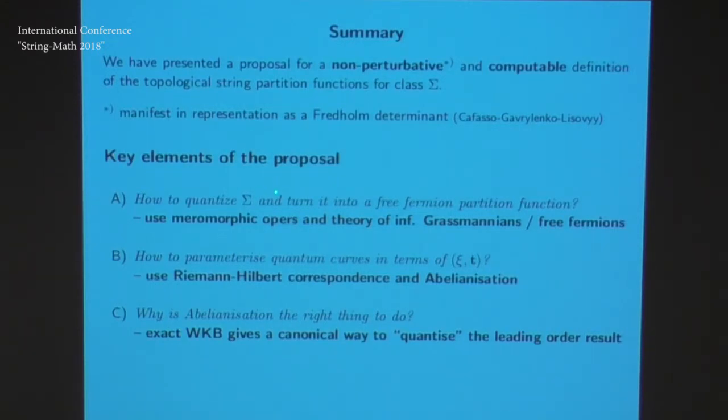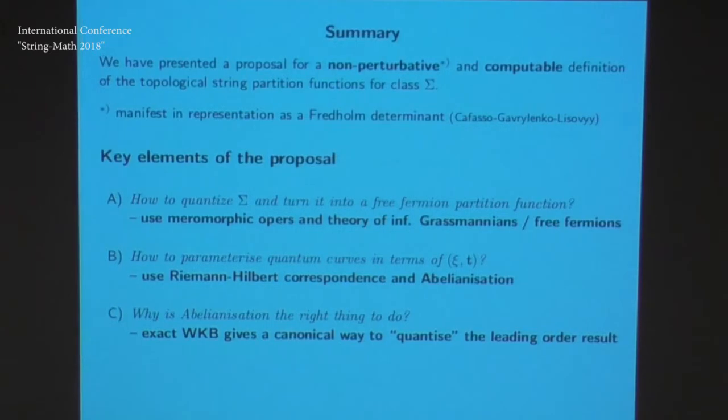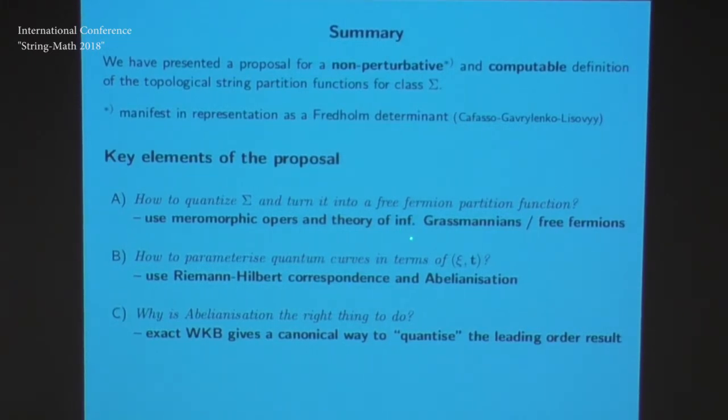Good, just to remind the key elements of the proposal, let's do it quickly. So we've given answers to these basic questions that I've asked: how to quantize sigma, turn it into a free fermion partition function. Well, we were using meromorphic opers. We allowed these apparent singularities to get enough parameters. And then what was standard and mostly well known, the theory of infinite Grassmannian free fermions.